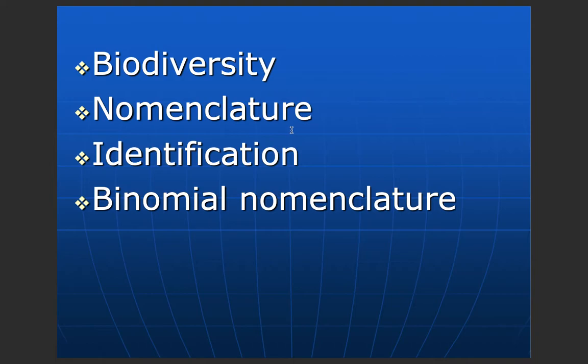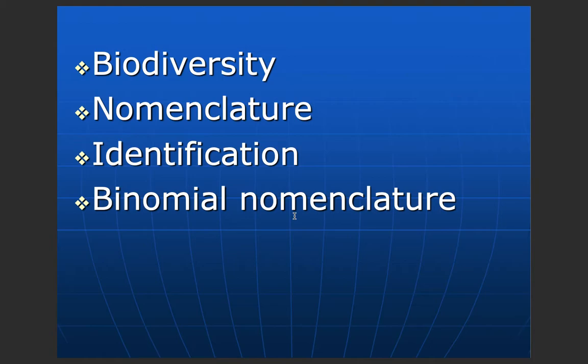Nomenclature is the process of giving scientific names to different living organisms in this world. Identification is one part of the nomenclature or classification process. And binomial nomenclature, which you have already studied in class 9th, was introduced by Carolus Linnaeus.